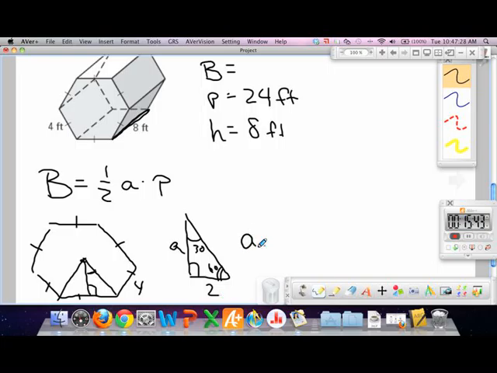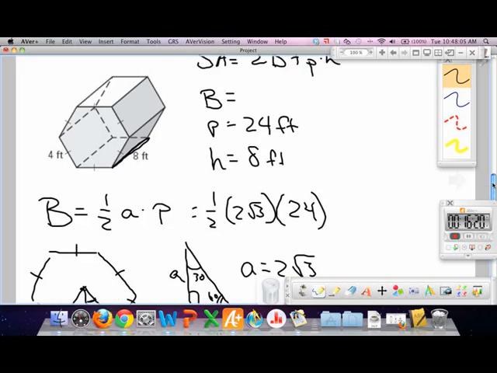So the area of a base here is half of root 3 times 24, which is 12 roots of 3, about 41 or so. Half times the apothem times the perimeter, or side times number of sides. So 24 roots of 3 is what, 41 point what? Square feet.